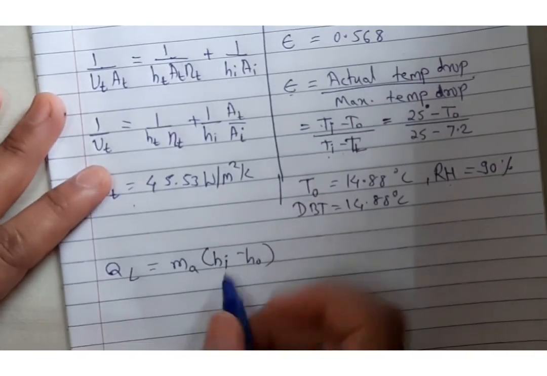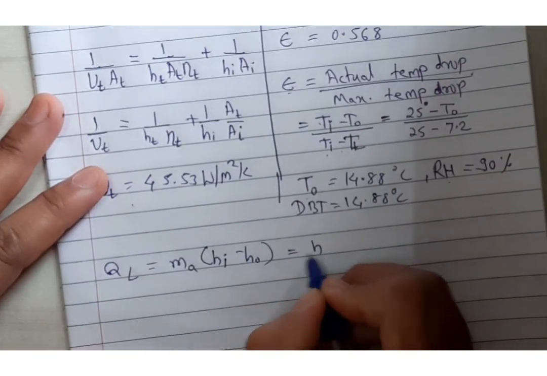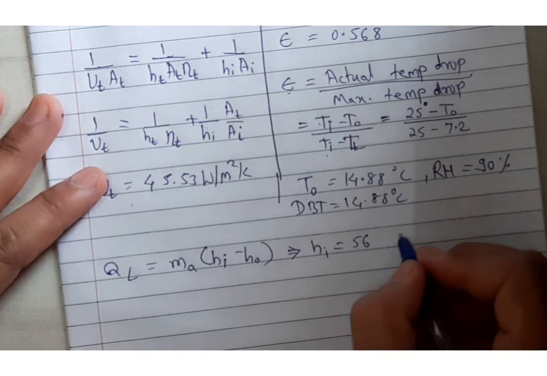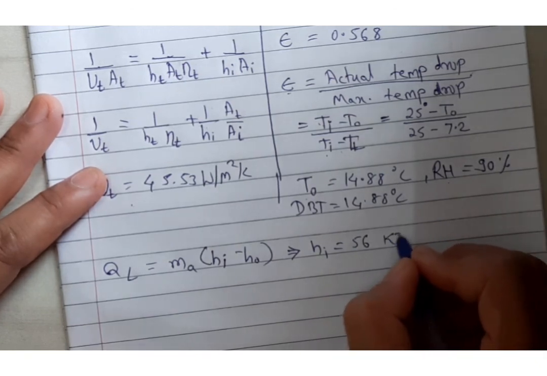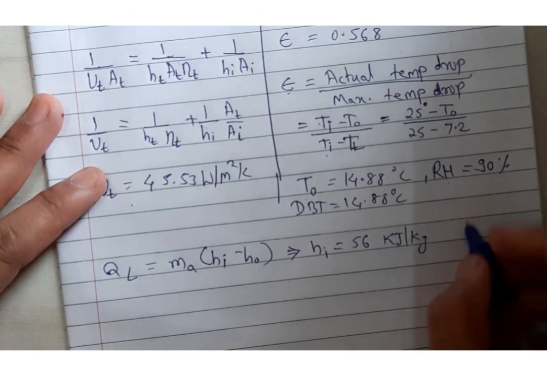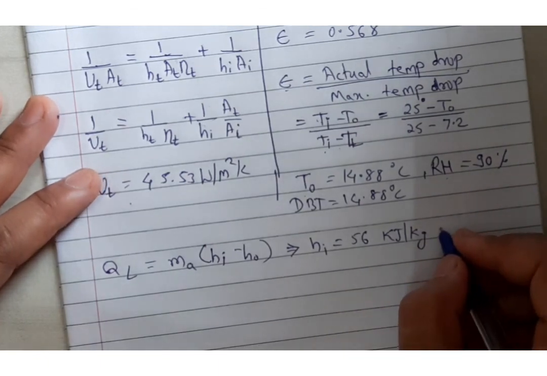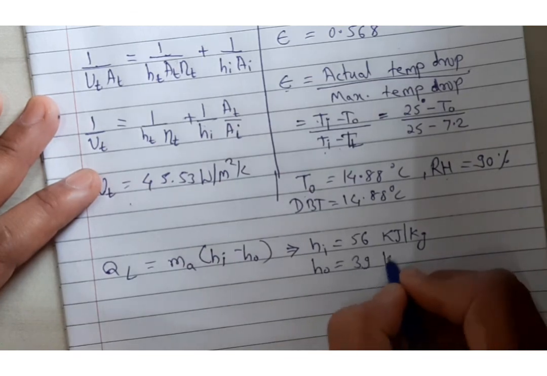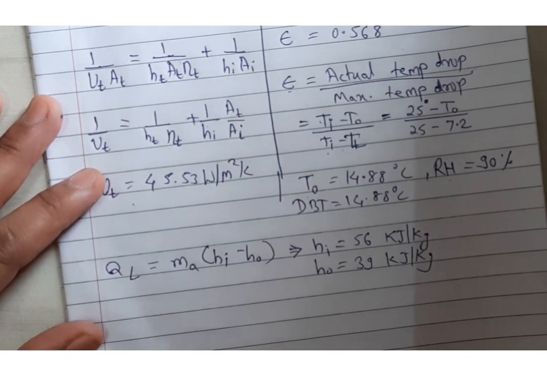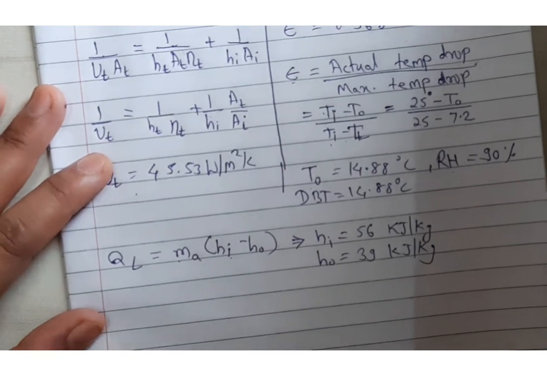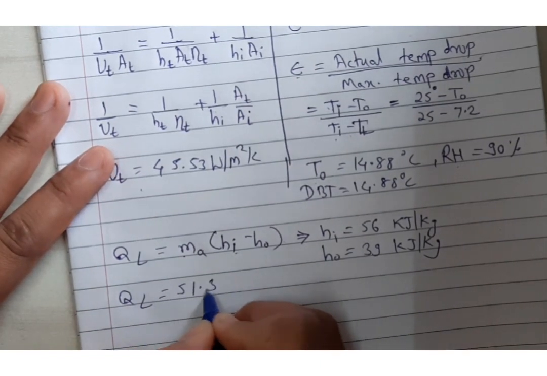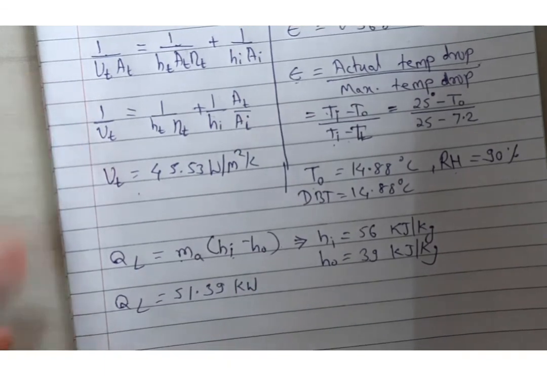So from the chart, HI is equal to 56 kilojoule per kg, and HO is 39 kilojoule per kg. Now mass flow rate is known to us, HI and HO are known to us, so we can find QL, and its value is equal to 51.39 kilowatt.